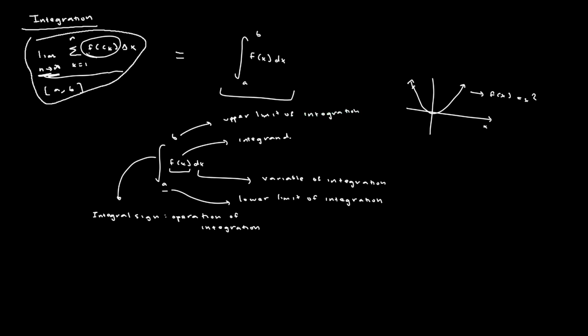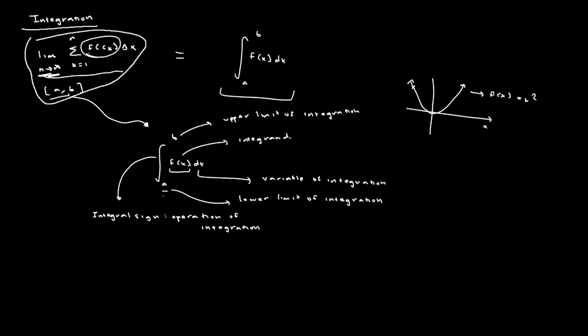So, like I mentioned over here, implicitly in the Riemann notation we stated that we're finding the Riemann sums on the big interval a to b, and now that is going to be explicitly stated in the integral sign.